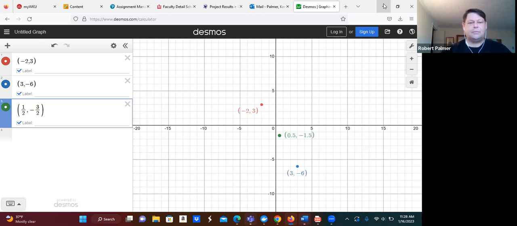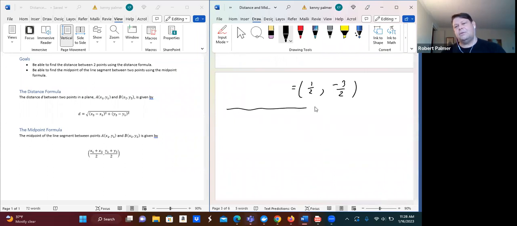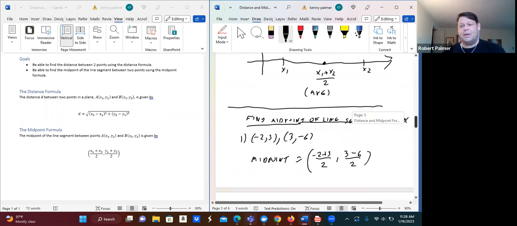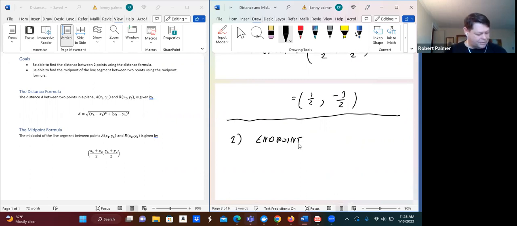Okay, let's do one more example. Let's do one that's a little bit different. So if we know the endpoints of a line segment, like we did in this example, we can find the midpoint. Let's say we have this, number 2. Let's say we have an endpoint of a line segment that is, let's say, 3, 1.